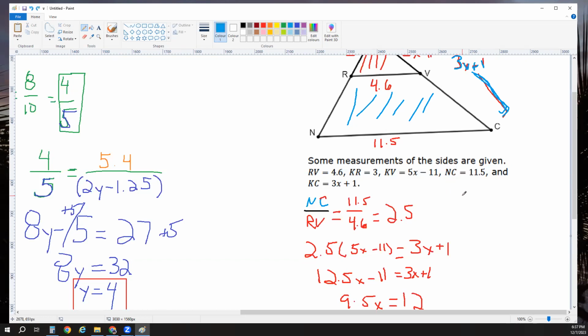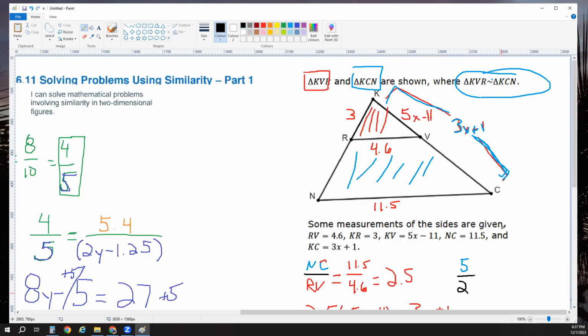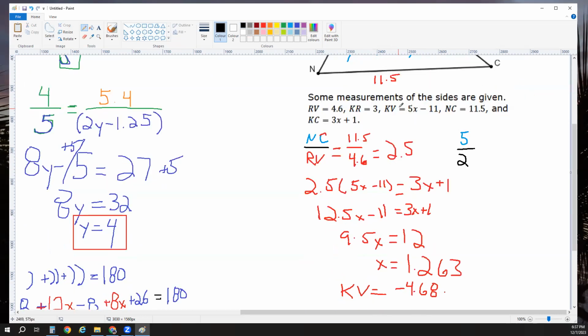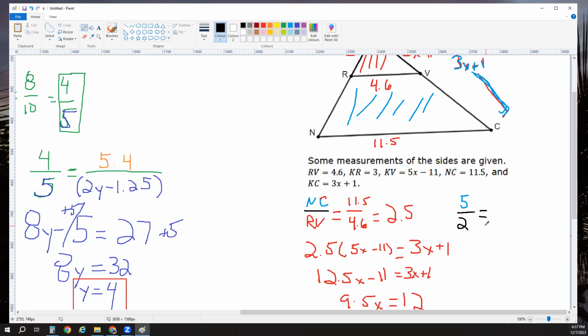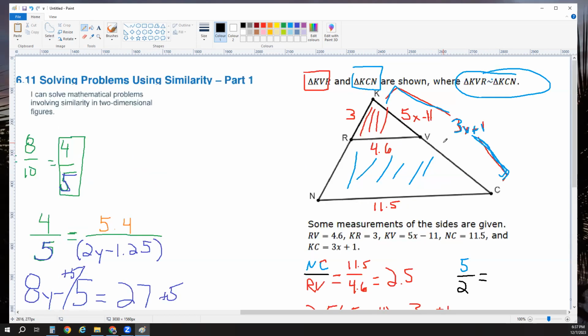So 5. Okay. All right. And then from here, it's going to be equal to, and now you have to look at the respective lengths. Oh, sorry.